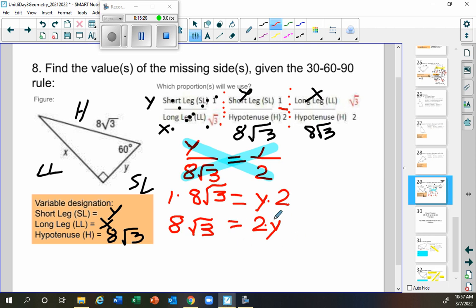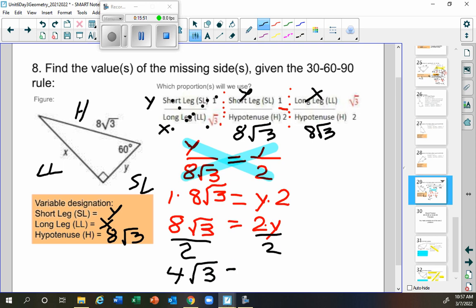Now, we want to get y by itself. So what do we have to do to both sides of this equation? What's our only step we need to take? Divide by 2. So what's 8 divided by 2? And then what happens to the square root of 3? Bring it down.